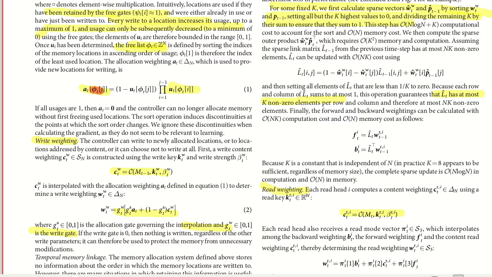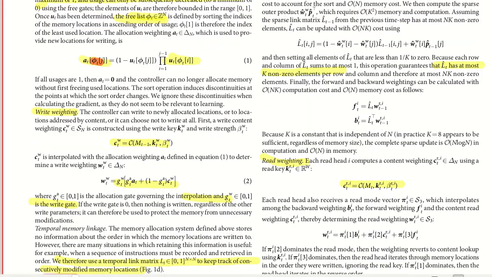Another way to write to memory is with content-based addressing. This is the same thing that we already discussed, the attention-based mechanism with a cosine similarity, used for reading, but now for writing. When we write, we can use a combination of these two things.